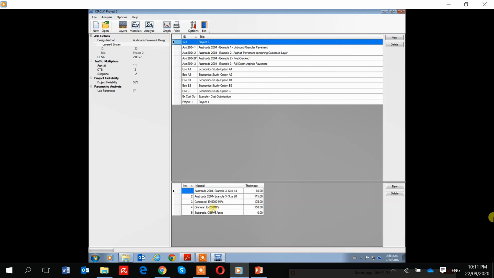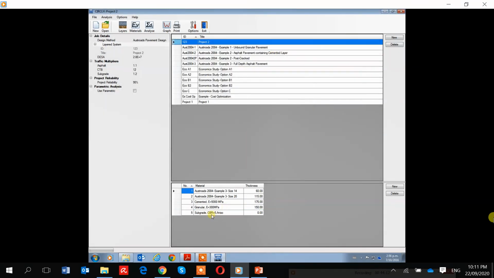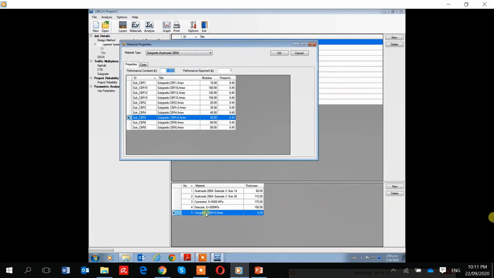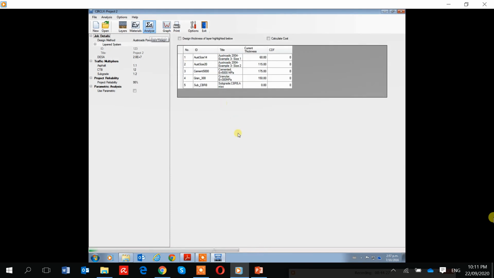For the granular material, I'm going to improve it from 200 to 300. And for the subgrade, I'm going to use 8% CBR instead of the 5% CBR.